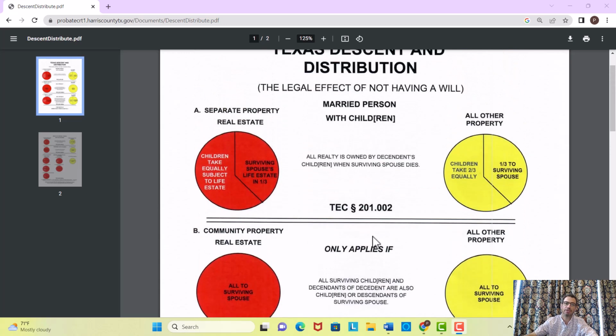So first you need to know the difference between separate property and community property. In Texas, separate property are usually things, real estate or assets that have been inherited by someone, in this case inherited by the decedent, gifted to the decedent, or owned by the decedent prior to marriage, or contractually made separate property pursuant to a postnuptial agreement or even a prenuptial agreement.